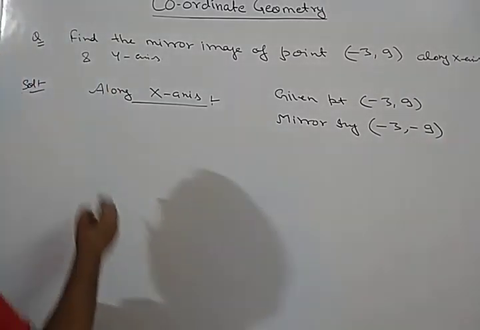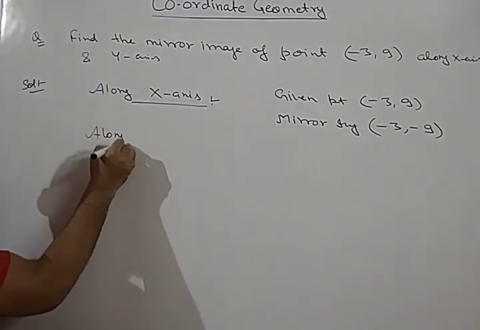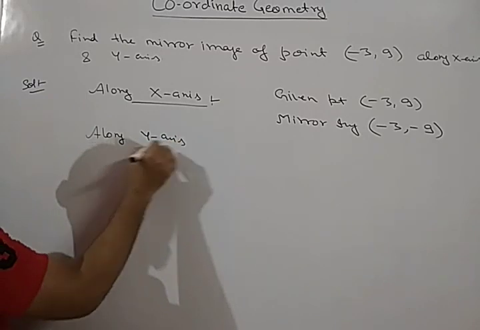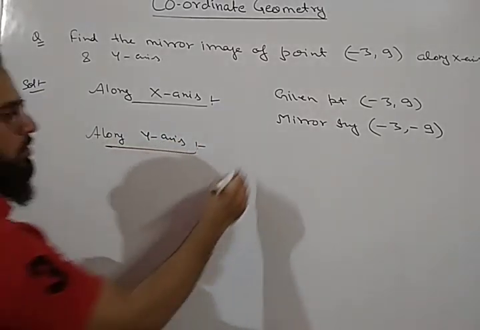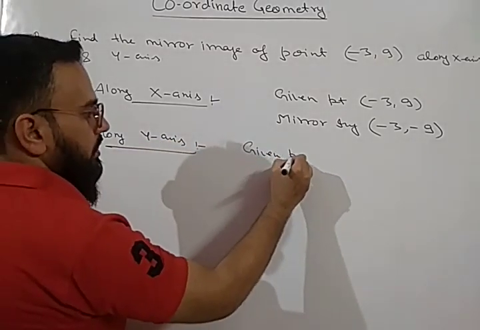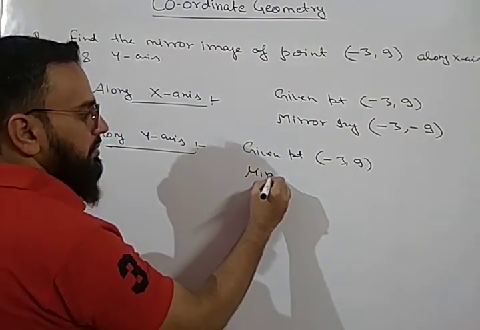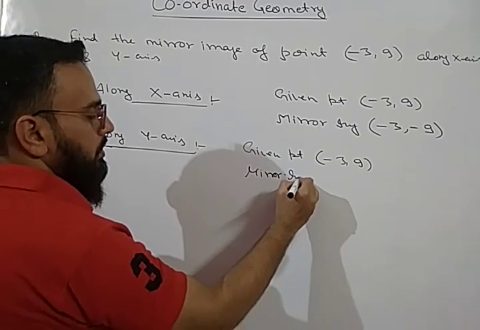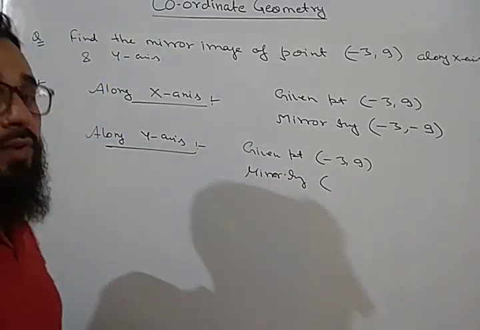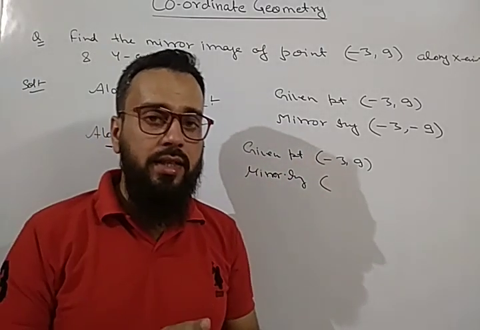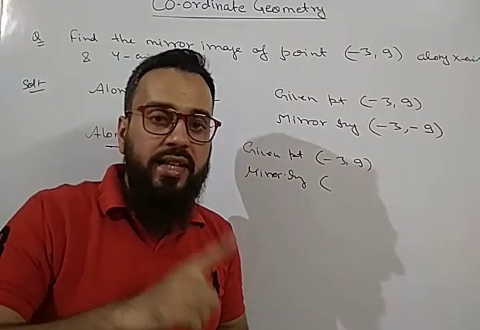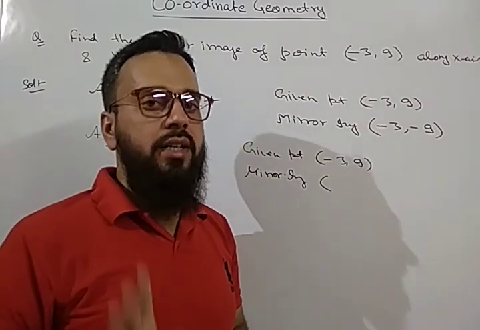Clear? Similarly, if we take the mirror image along y-axis, our given point is minus 3, 9. So what will be its mirror image? When we take the mirror image along y-axis, then only the x coordinate changes sign, y coordinate remains same.